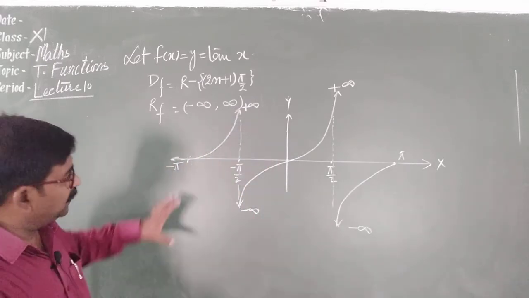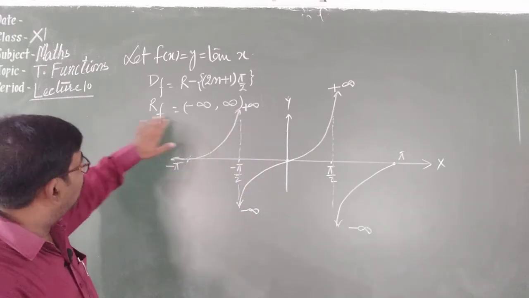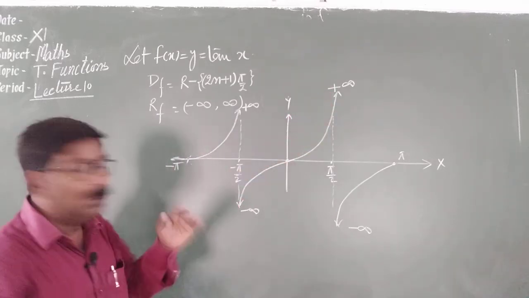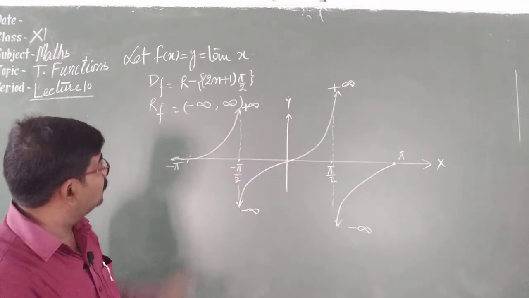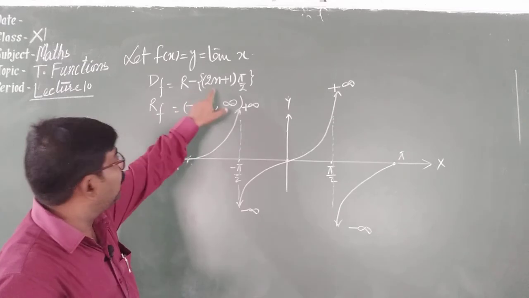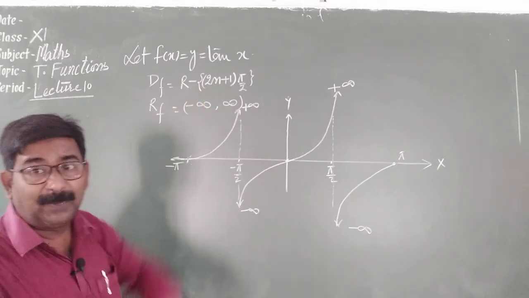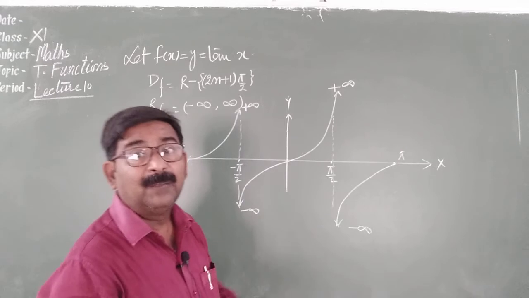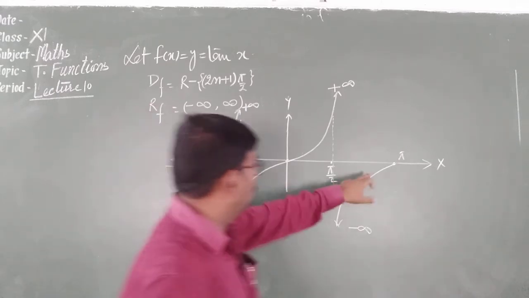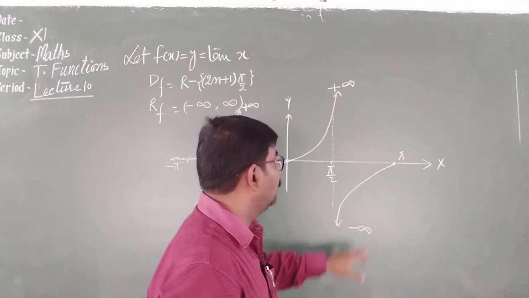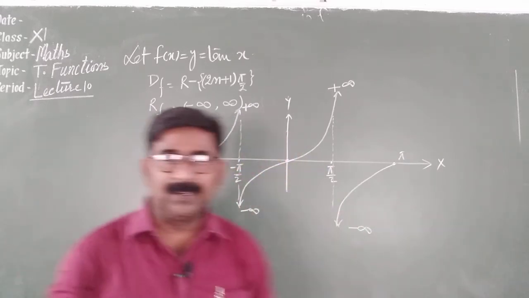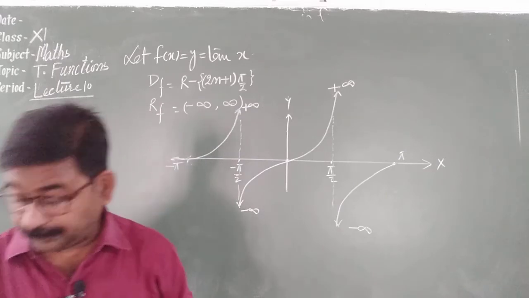So you can see its range is minus infinity to plus infinity, and its domain is all real numbers, but at π/2, 3π/2, 5π/2, 7π/2 it will not be defined, because here π/2 is infinite, and here minus π/2 is infinite. So we have this kind of graph. Got it?